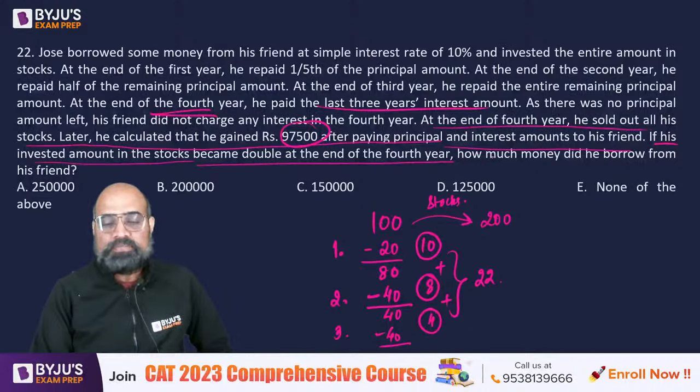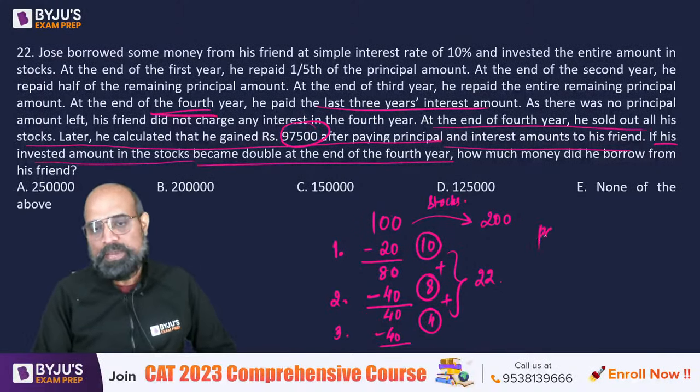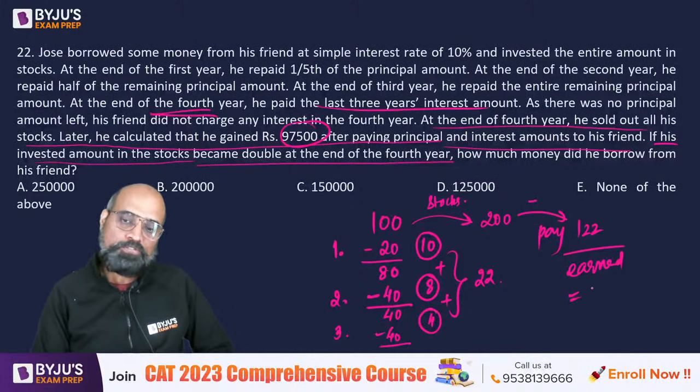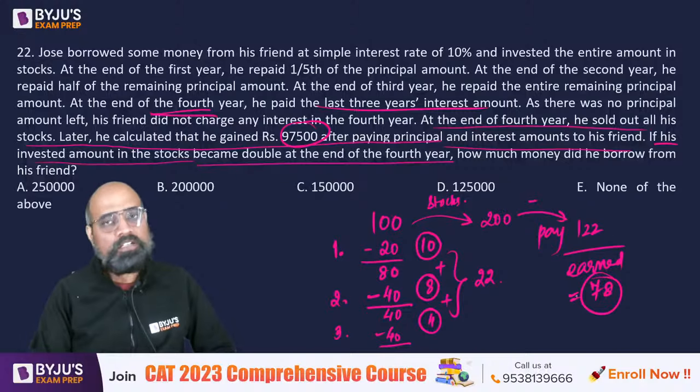Now, if we look at how much money did he earn, so कितने पैसे उसने pay करने पड़े? He had to pay 122 and the money that he had overall was 200. So can we say he earned actually a total of 78 rupees? इतना earn हुआ होगा.